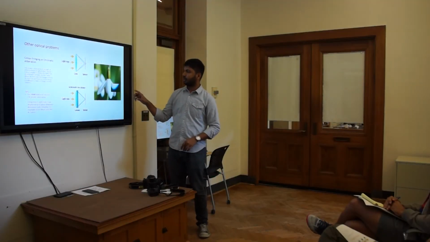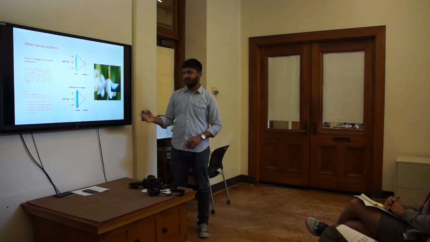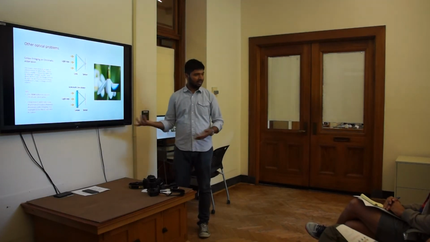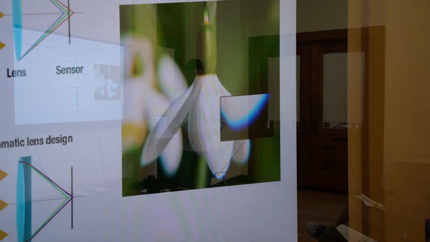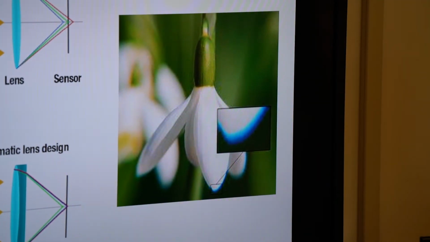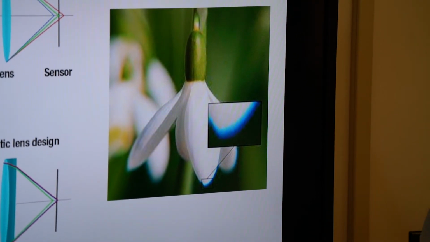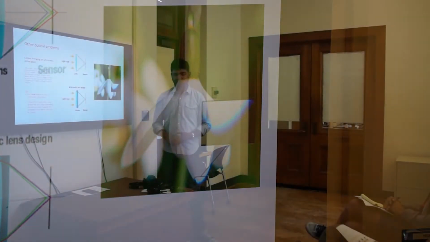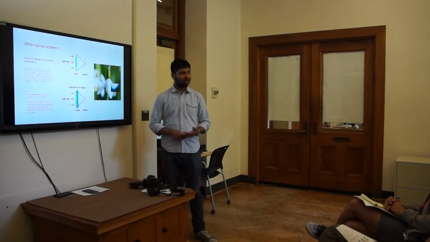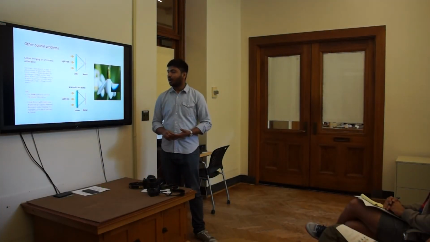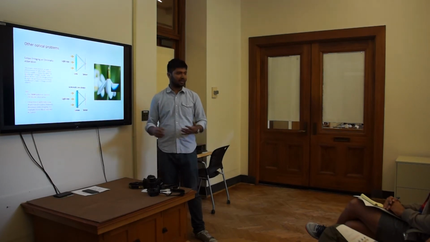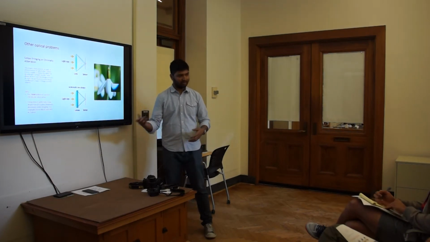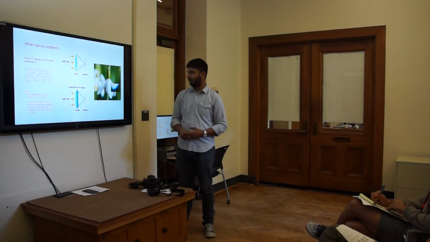So the best way to avoid this is to use RAW again and edit it in Photoshop, or you can use lenses with ED lens elements, which is extra low dispersion, or aspherical lens elements. I'm going to talk about that in the end.